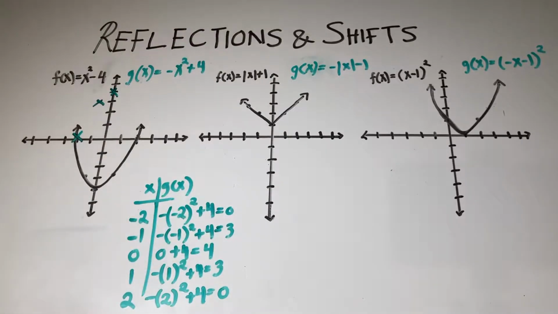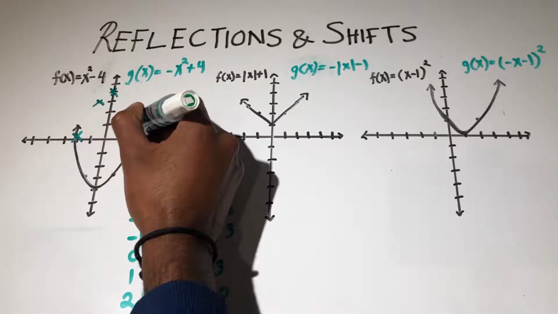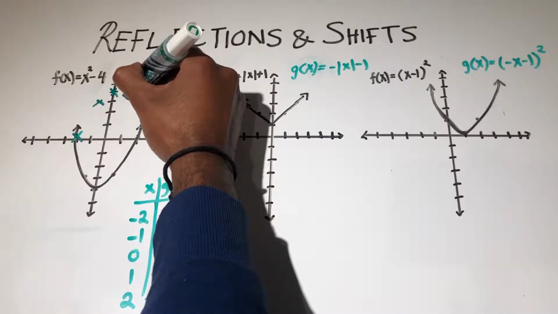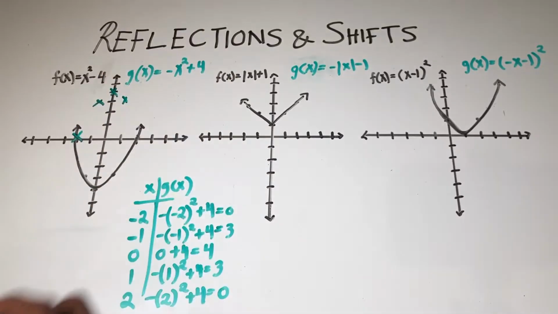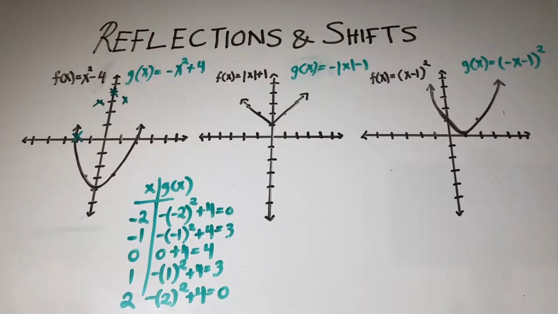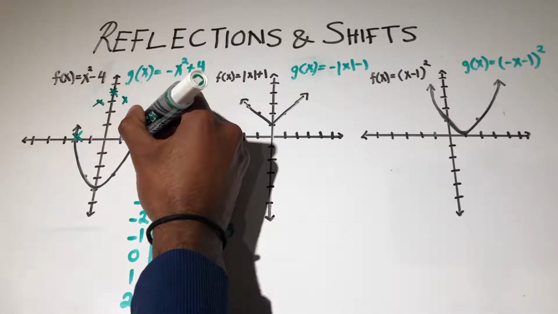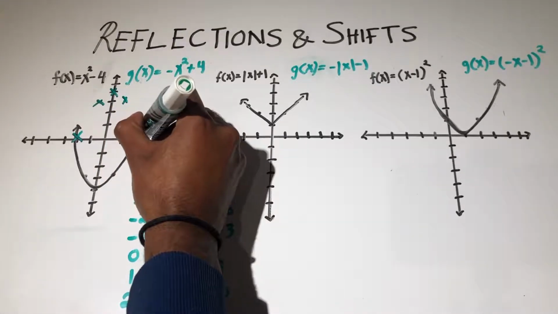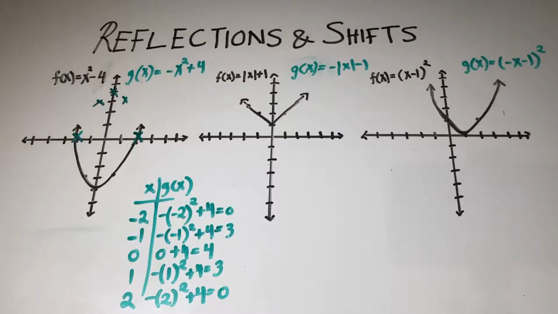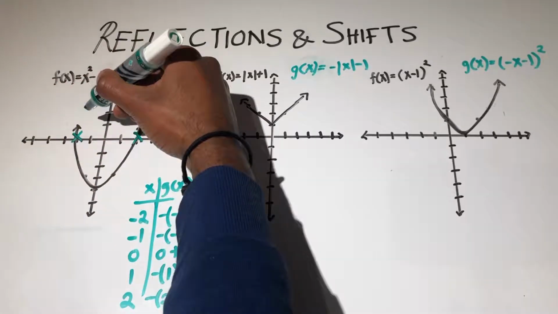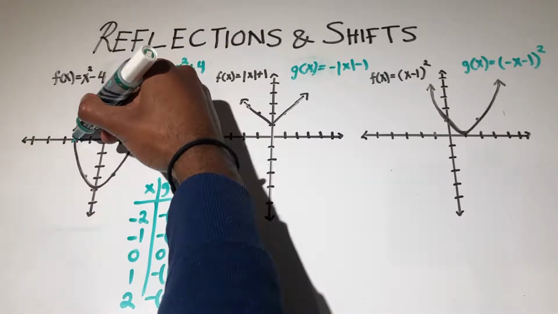So that's here. We have 1 and 3, 1 unit to the right, and then 3 units up. And then 2 and 0, which is just here. Now if we plot those points, our graph is going to look like this.